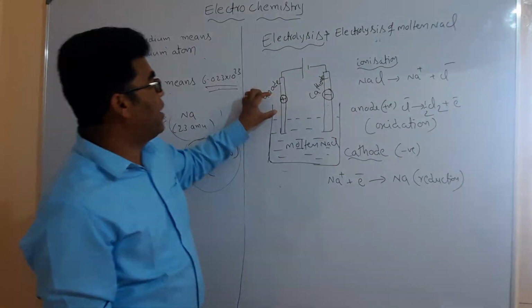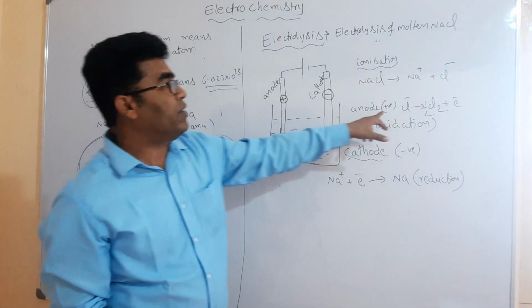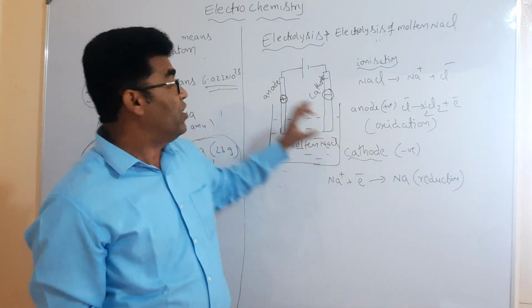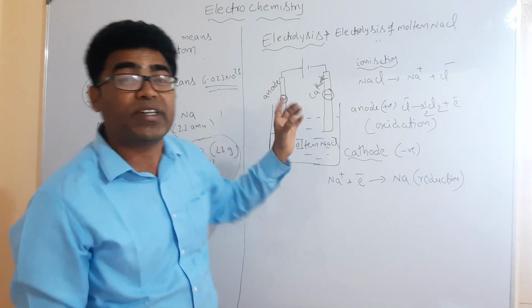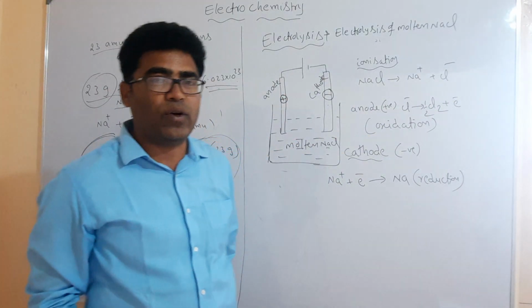Cl minus migrates towards this positively charged rod. There it loses electrons. Loss of electrons is called oxidation. Where oxidation takes place, that is called the anode.